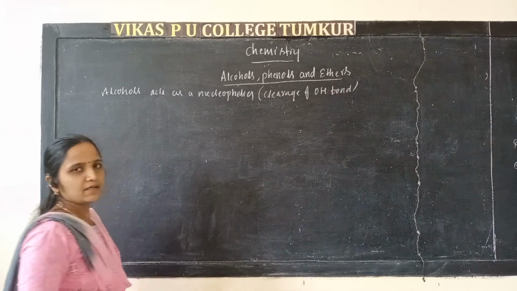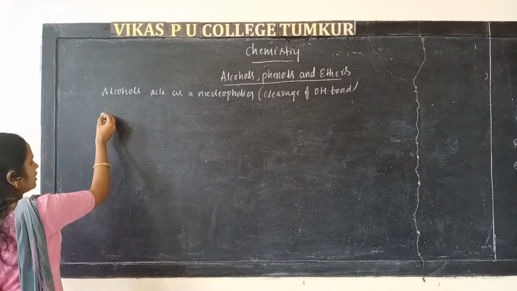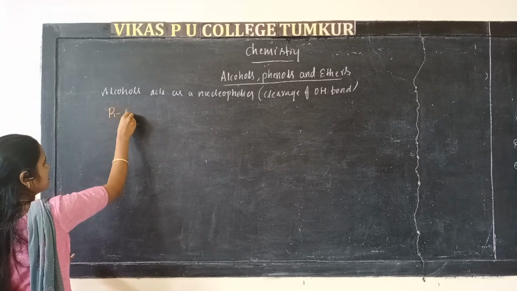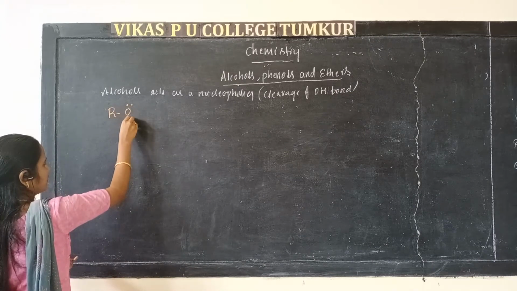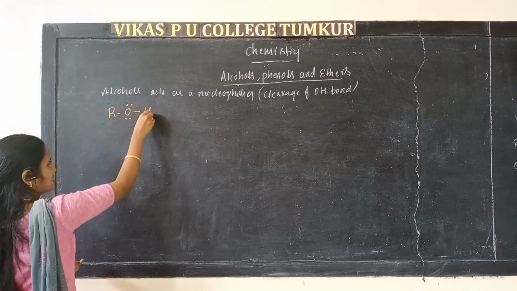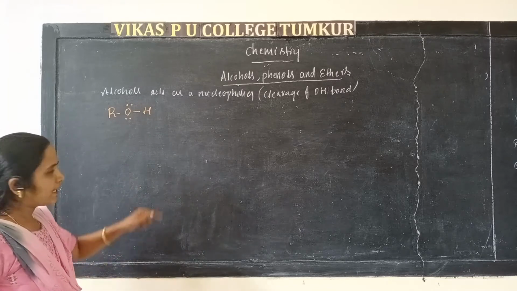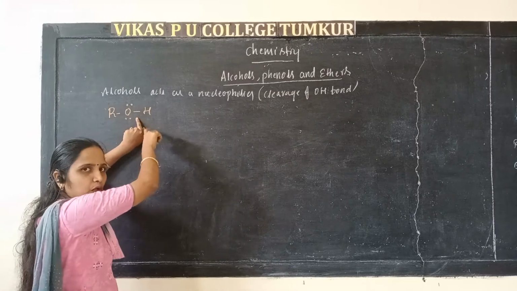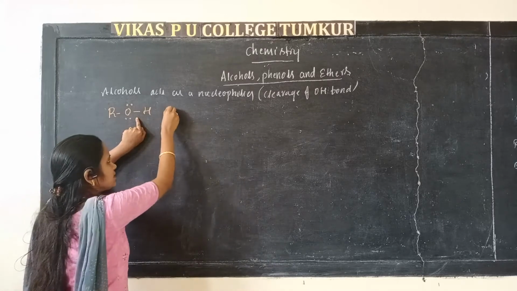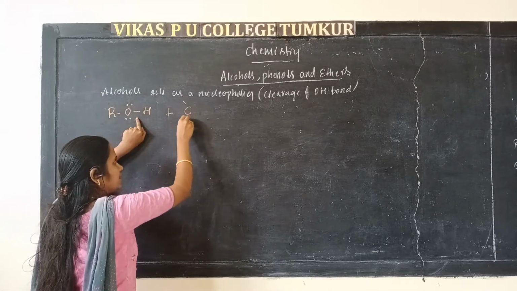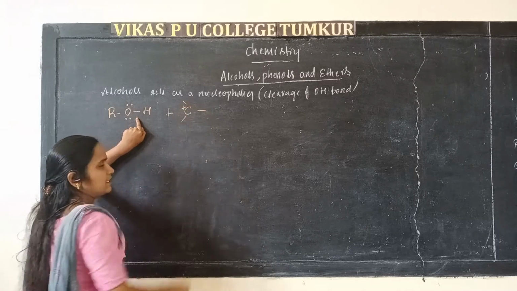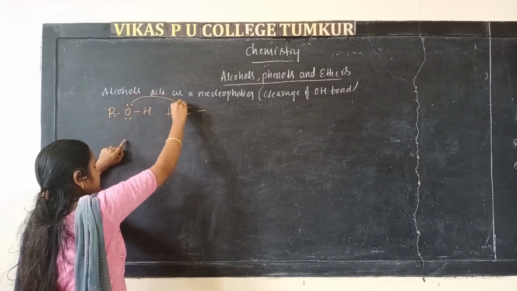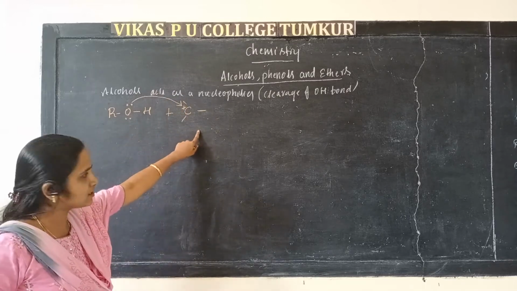Alcohols we generally represent like this. Here it acts as a nucleophile. Nucleophile means an electron-rich species. This is going to react with an electron-deficient species.